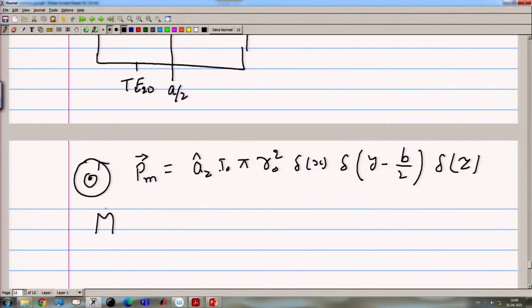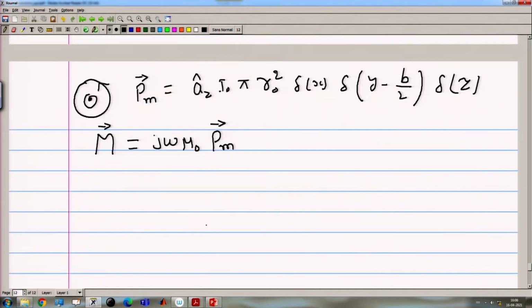And my equivalent magnetic source, as we know that J is the electric source, but M is the magnetic current source. So, that can be written as j omega mu naught into Pm.